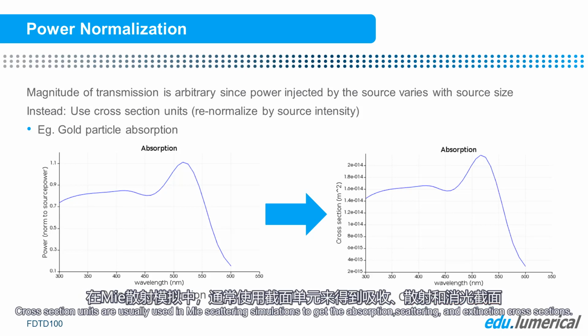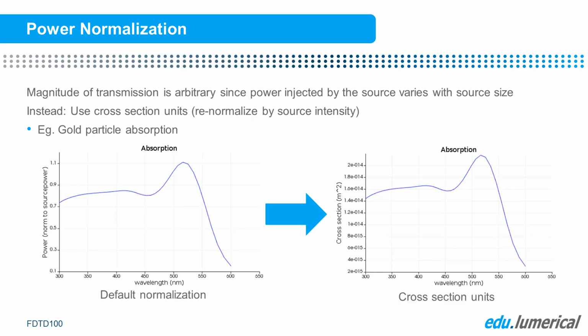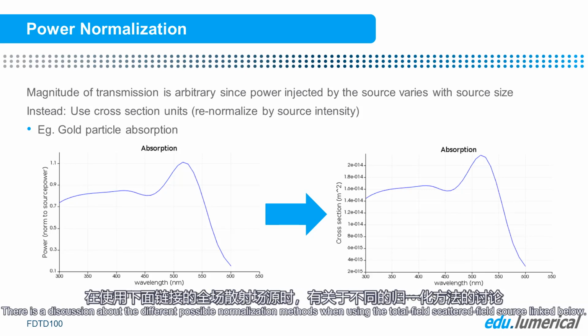Cross-section units are usually used in scattering simulations to get the absorption, scattering, and extinction cross-sections. There's a discussion about the different possible normalization methods when using the total field scattered field source, linked below.